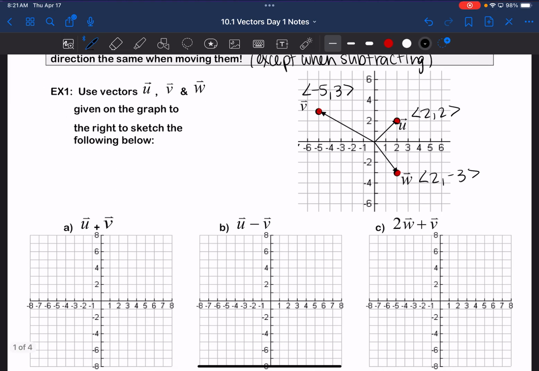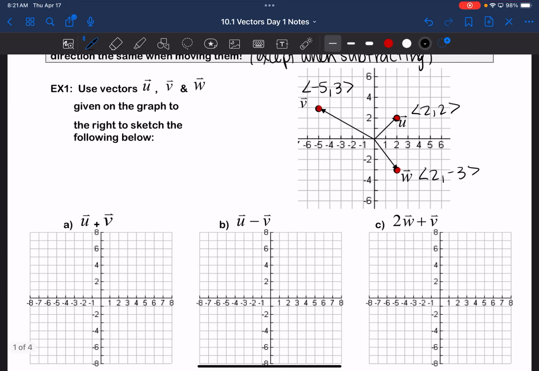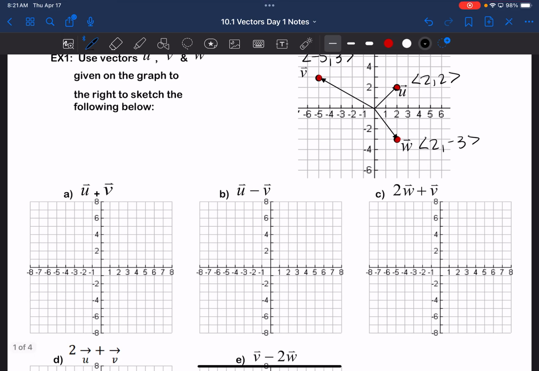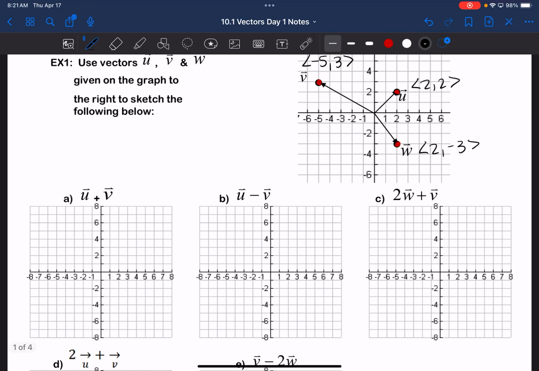So on part A, it says vector u plus vector v. So I'm going to go ahead and draw vector u. So we would start at 0, 0, and for vector u, we are going right 2 and up 2, right? So this is our vector u.